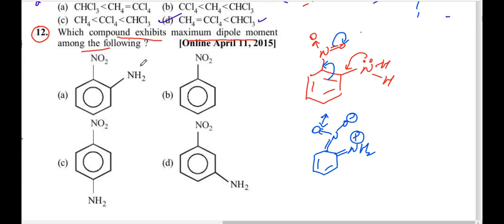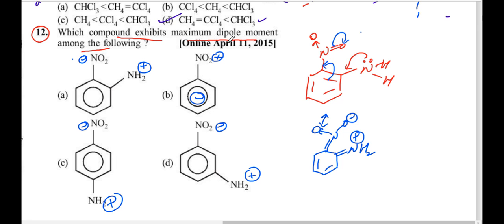This nitrogen is getting positive charge, and this NO2 is getting negative charge. That means both charges are almost on the same side. Here NH2 is positive and NO2 is getting negative charge.